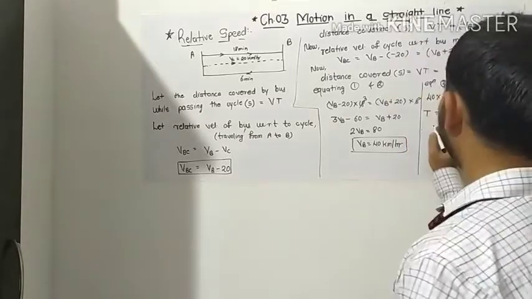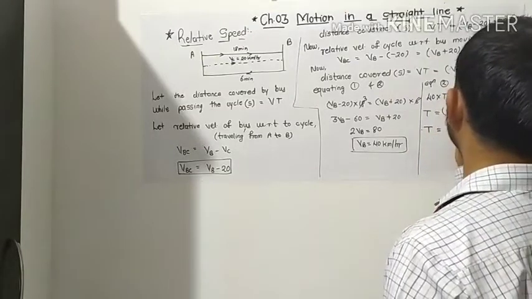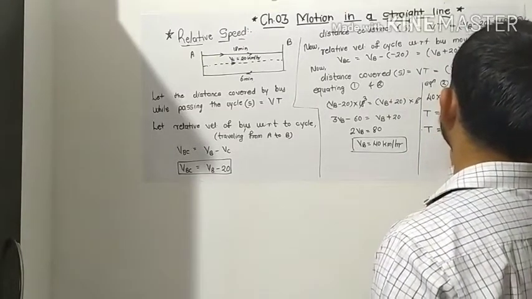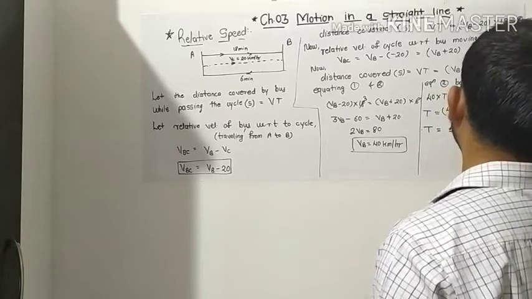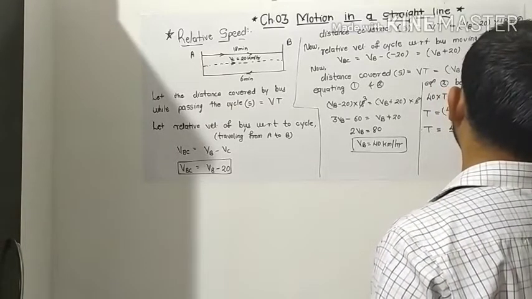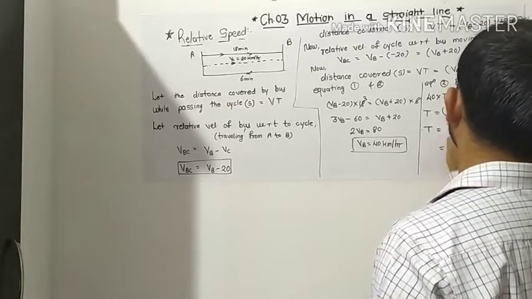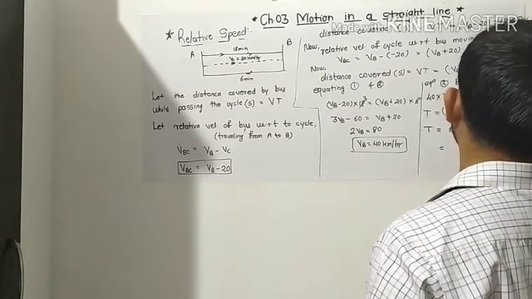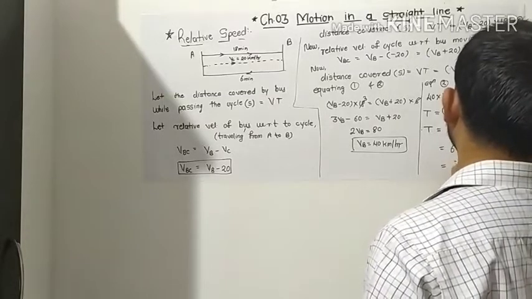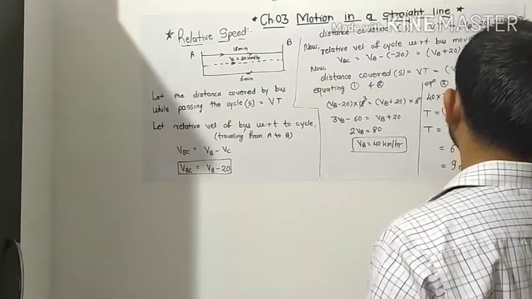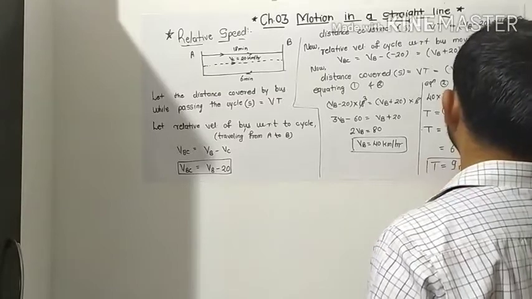So you can write here T equal to 40 into 6 upon 40 plus 20 into 6 upon 40. So you will get 6 plus 3 is equal to 9 minutes. Okay, T is equal to 9 minutes.